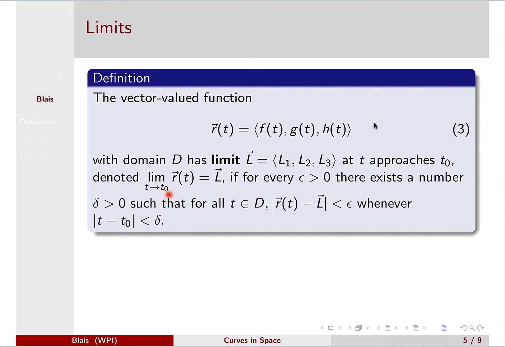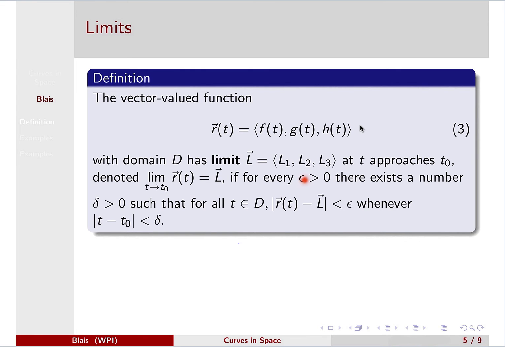The limit as t goes to t naught of r of t equals L if, for every epsilon greater than 0, there exists a number delta greater than 0, such that for all t in the domain, the magnitude of the difference between the vector r of t and the limit vector L, so think of this as the Euclidean distance between these two vectors, is smaller than epsilon whenever the absolute value of t minus t naught is smaller than delta.